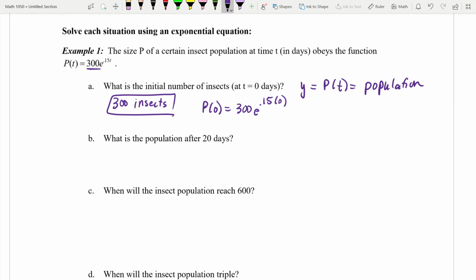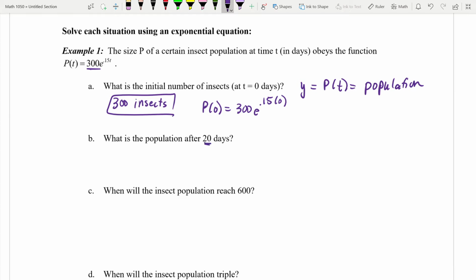Now you could totally put this in your calculator, but just stop for a second and think about it. Look, you guys, 0.15 times 0 is 0. e to the 0 is a 1. 1 times 300 is 300. Okay, so you don't have to show work on this, but that's how you could figure it out with the formula.